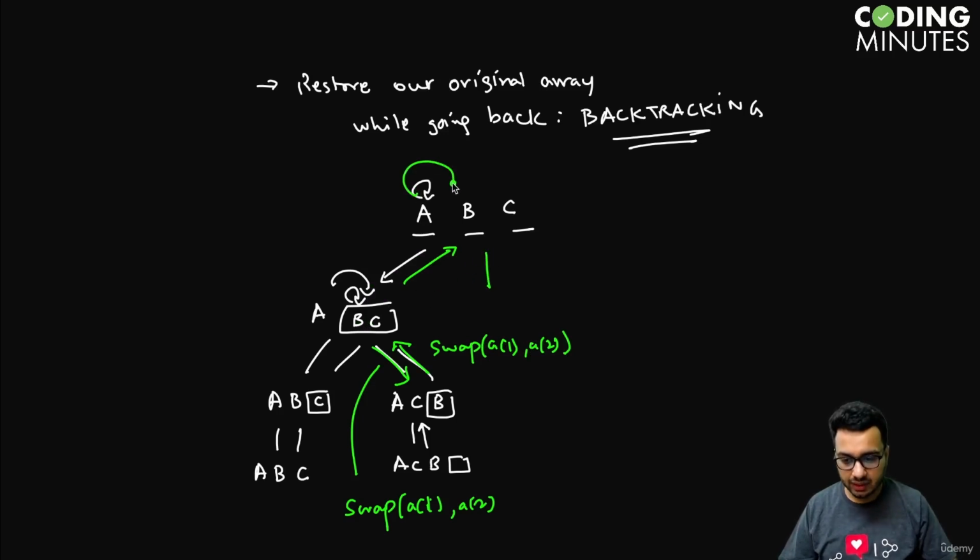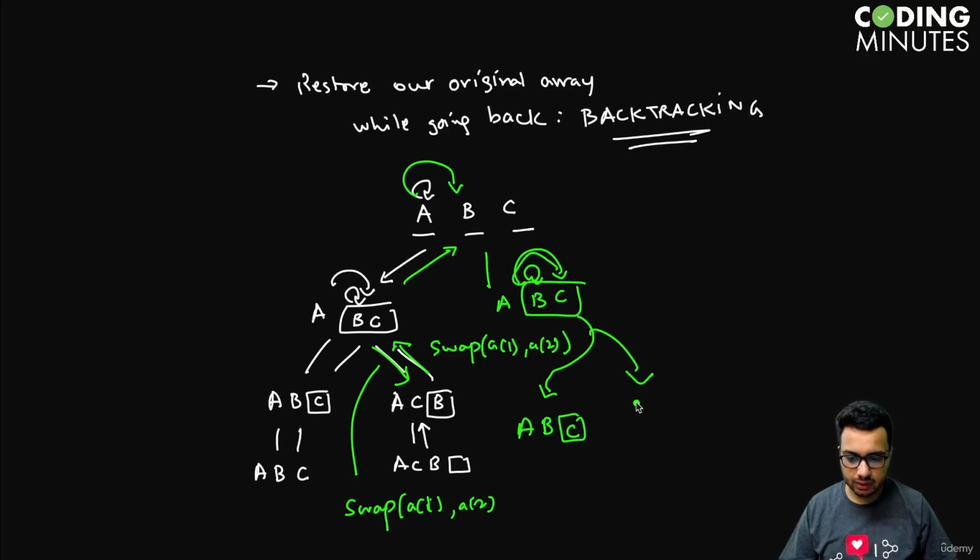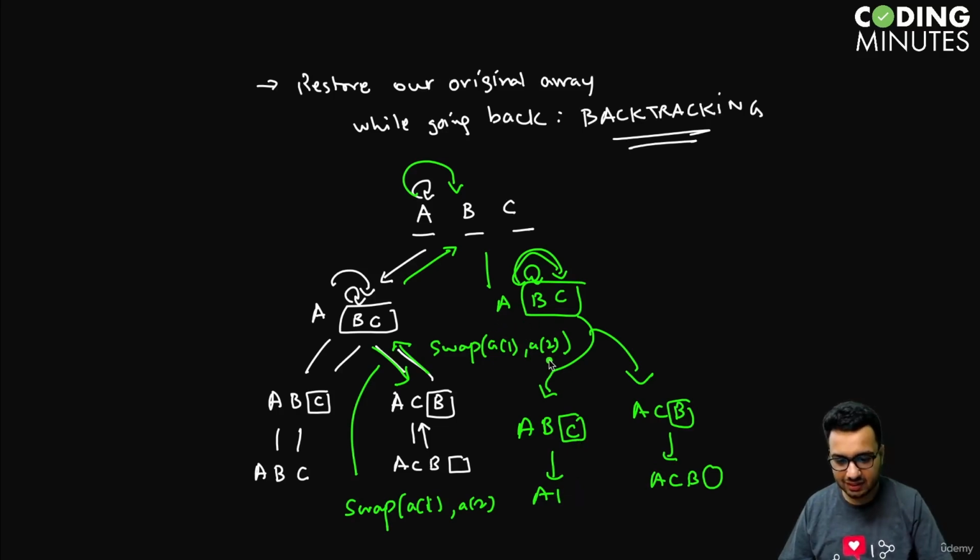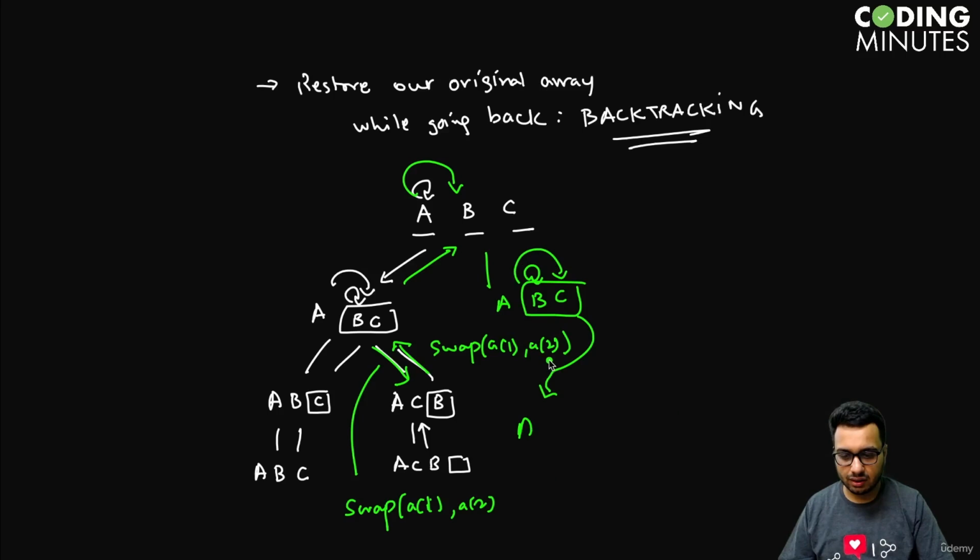Now what you do, you replace A with B, you make a call on here. What do you do, replace B with B and B with C, it becomes ABC. This call, it becomes ACB. Sorry, I just made the wrong diagram here.